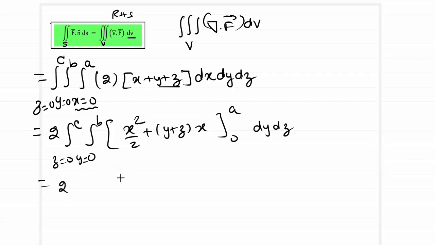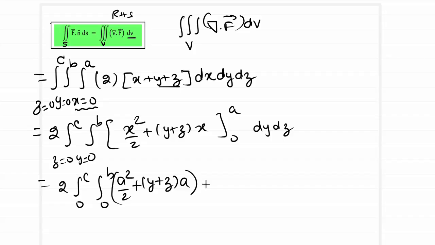So I have 2 times a square by 2 plus y plus z times a. This is my upper limit, and the lower limit will vanish. So 0 to c, 0 to b, integrated with respect to dy, dz.